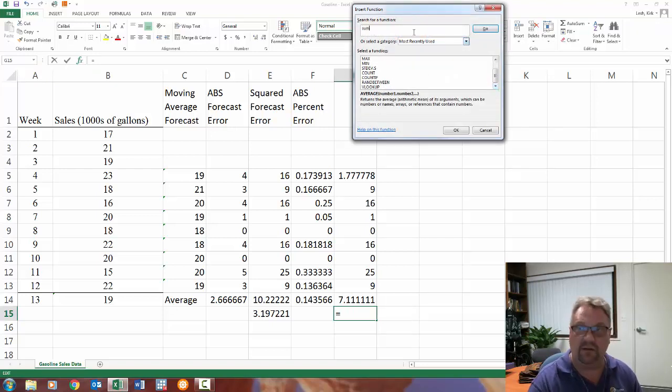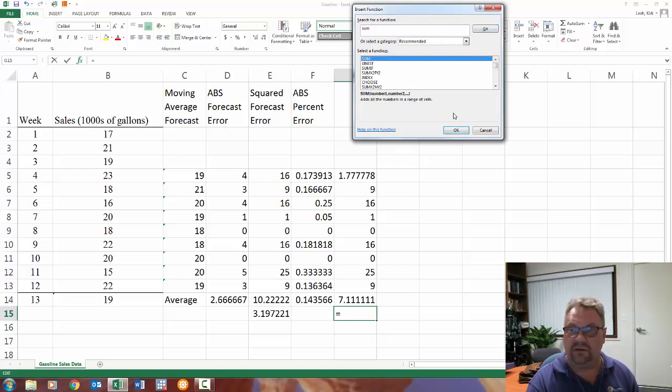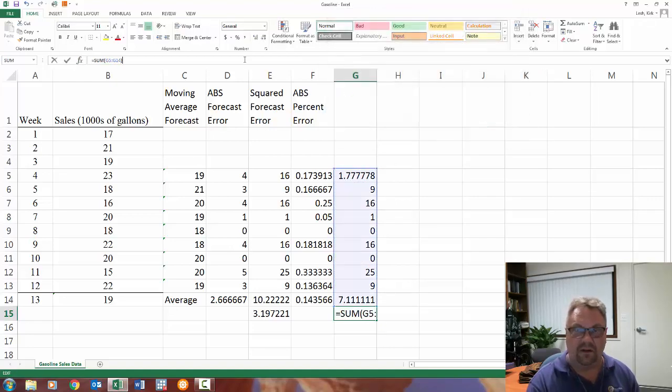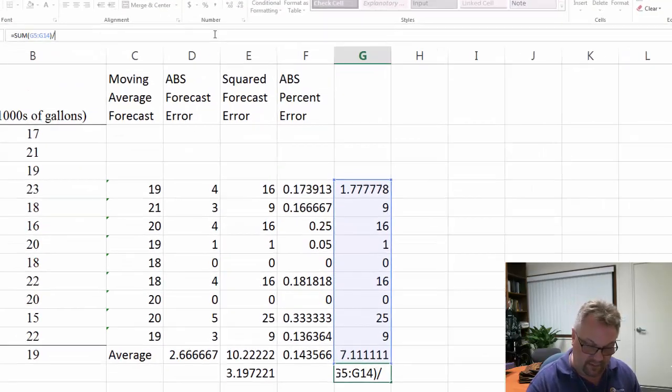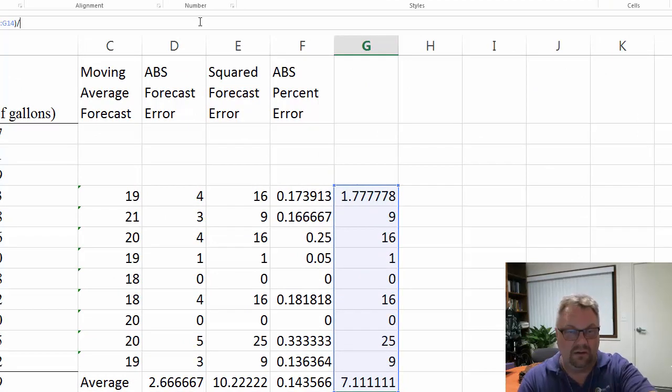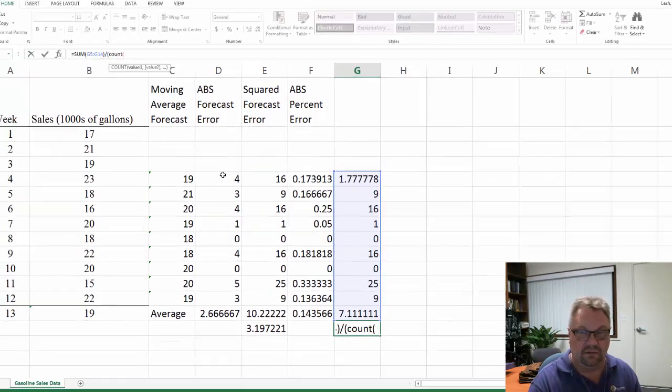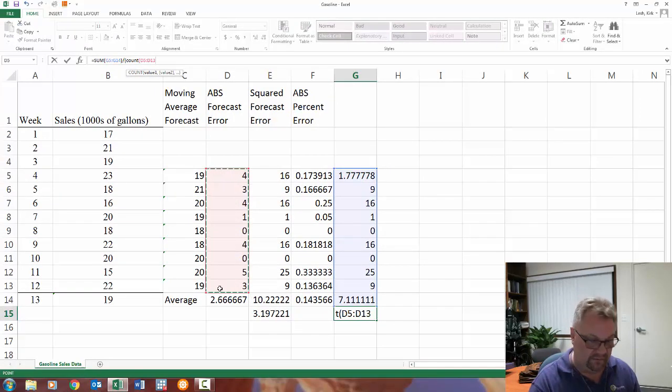Looks like I gotta get it into my recently used. There it is, sum. So I can take the sum of these and then divide by n minus 1. Just to make this easier, why don't I just divide by count, my count function, minus 1.